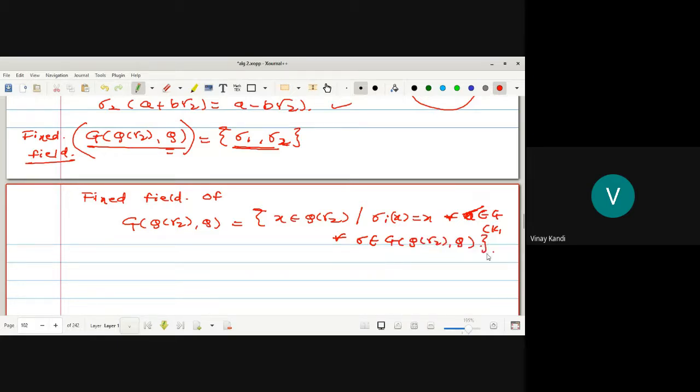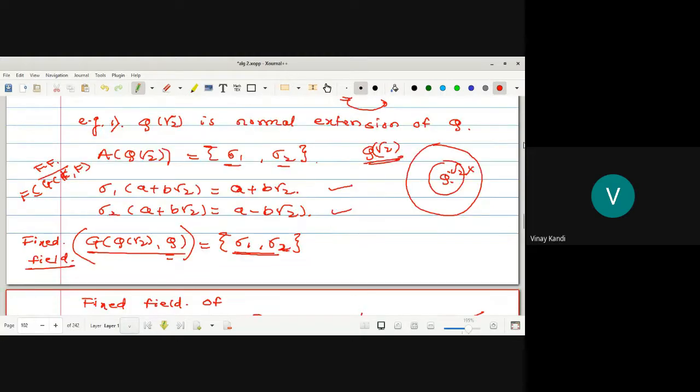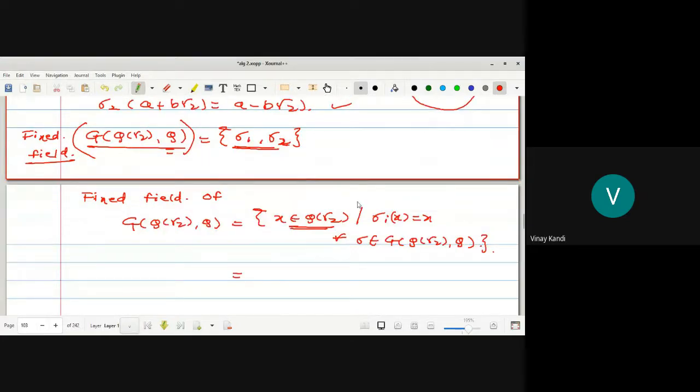Which elements come from this field? This is your Q root. So take these elements of Q. All sigma 1 and sigma 2 fix every element of Q, so every element of Q is fixed.